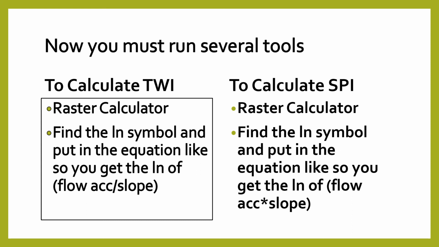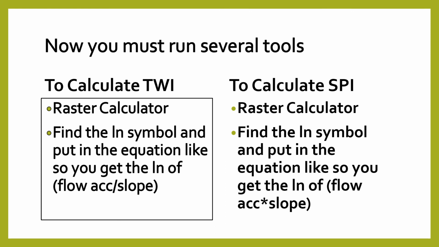And then it's just like all the other Esri GUIs, you double click on something and it throws it in there. Now once you double click on the first thing, it has a tendency to move your cursor outside of those parentheses, and you'll need to move it back in, because just like it shows here on this second bulleted point, your equation will be something like the ln of, and then you'll have your set of parentheses, and inside those parentheses you need to have your flow accumulation raster divided by your slope, and then run it, and voila, you now have a topographic wetness index.